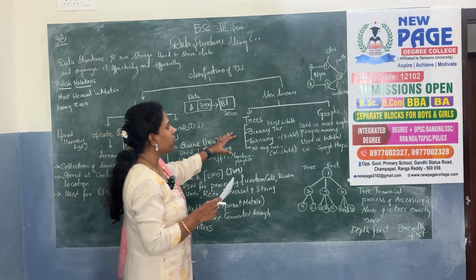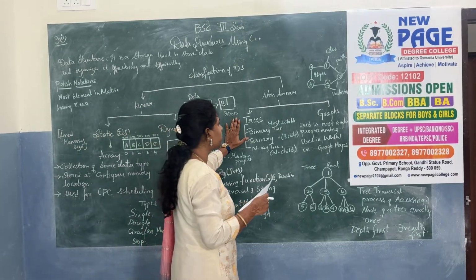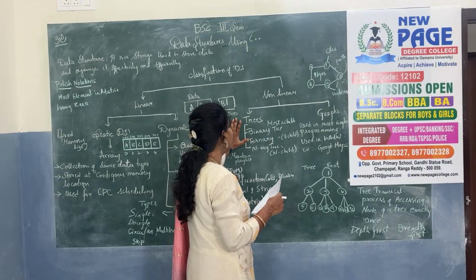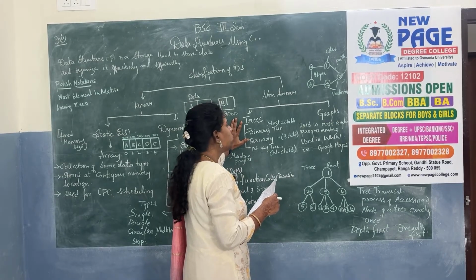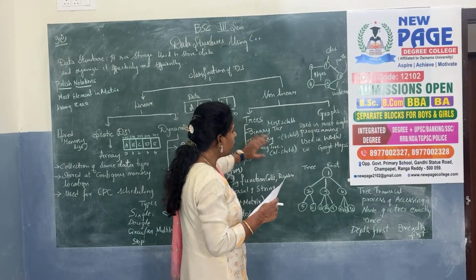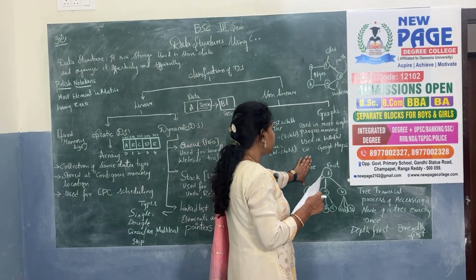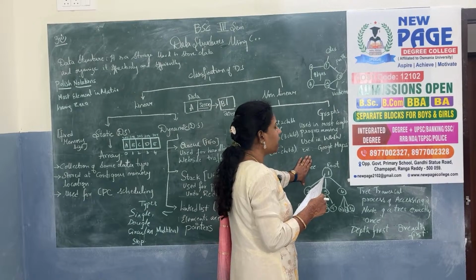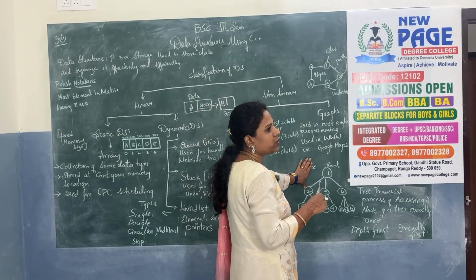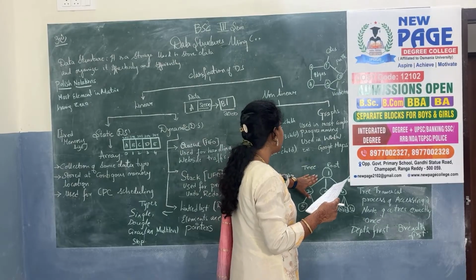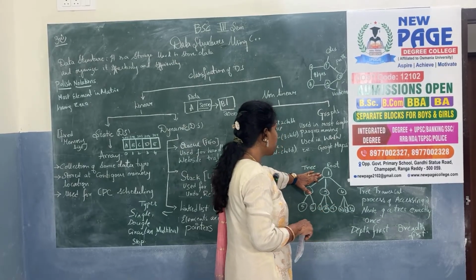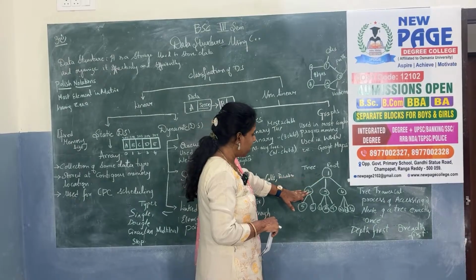Now we'll come to the non-linear structures, where the data is not stored continuously, and here we have two types, trees and graphs. So what is a tree? Here it is a tree. A tree represents hierarchical data, where nodes share data elements. Here is the root node, which is a parent node.